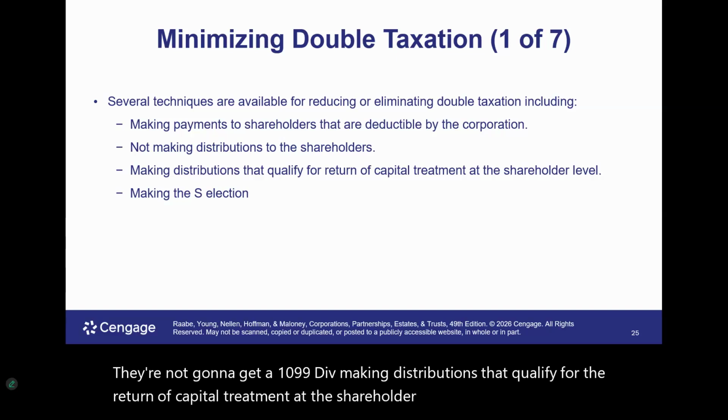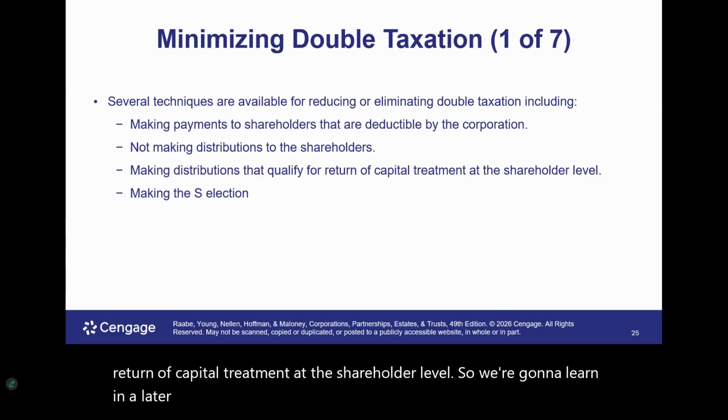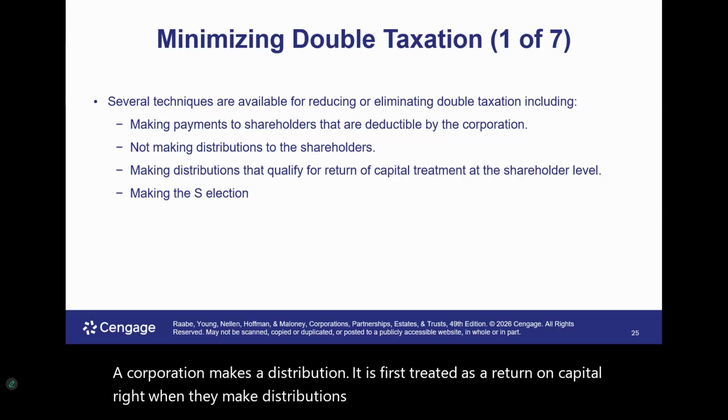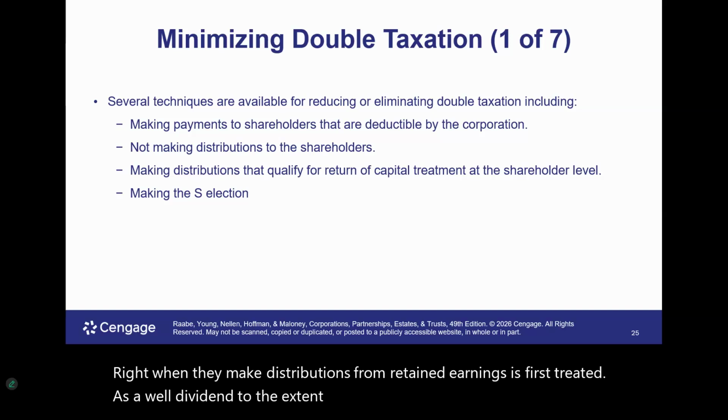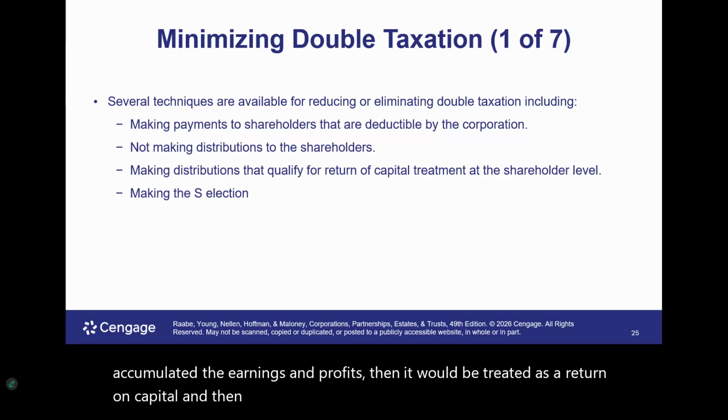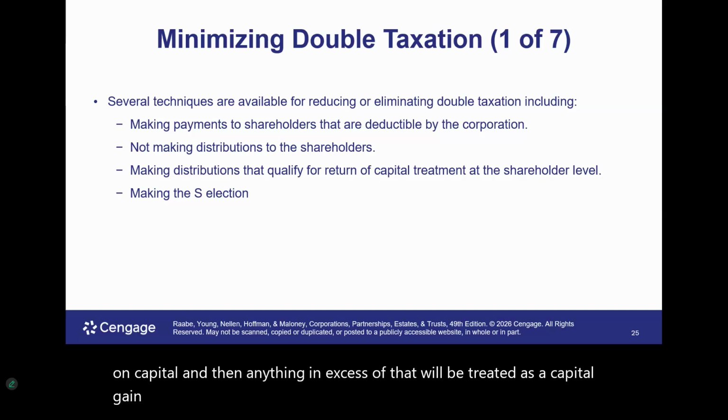So we're going to learn in a later chapter, whenever a corporation makes a distribution, when they make distributions from retained earnings, it's first treated as a dividend to the extent of the retained earnings or the accumulated earnings and profits. Then it would be treated as a return of capital, and then anything in excess of that will be treated as a capital gain. So as a corporation, you want to be strategic about when you are making these distributions.